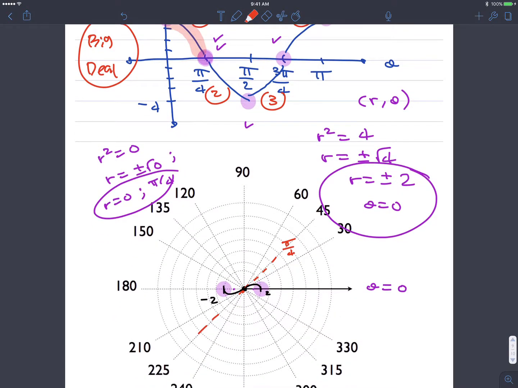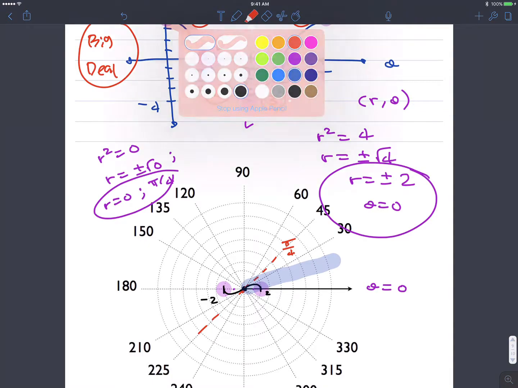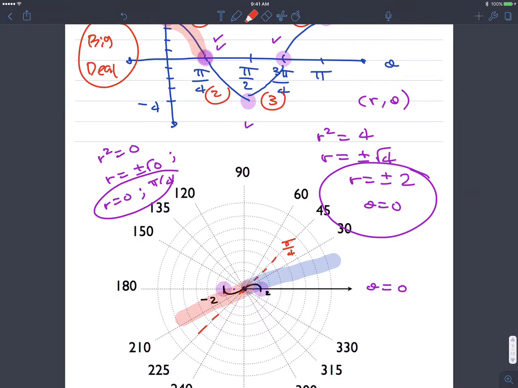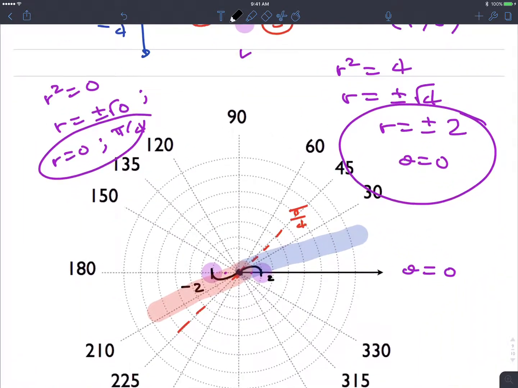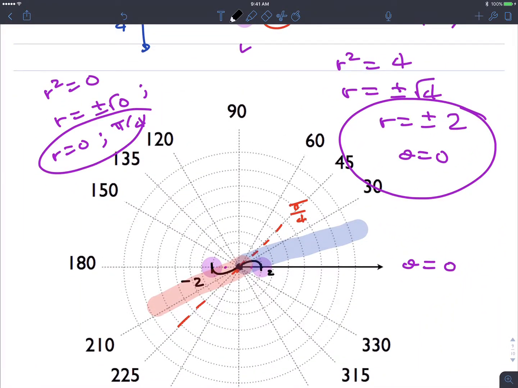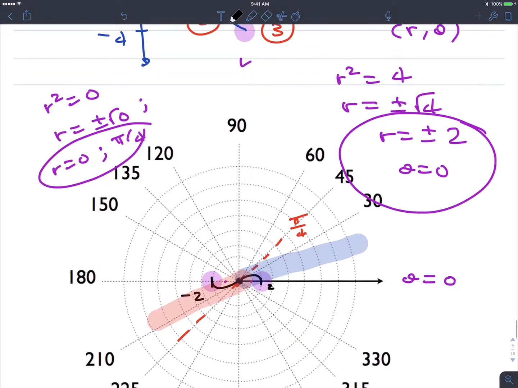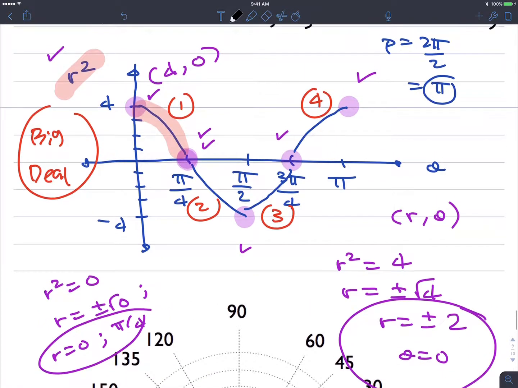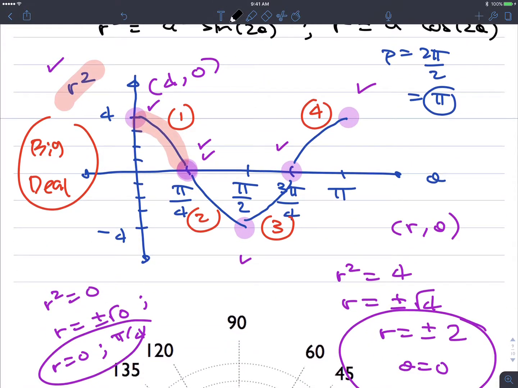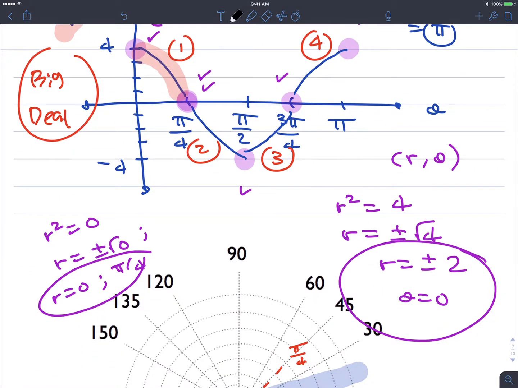So for any angle here in blue in this region, from 0 to pi over 4, I got a positive radius, and the opposite is a what? Negative radius over here. So I'm plotting 2 radius values, all from 0 to what? Pi over 4. So that's the picture of it. And that's what's going on. Now something else important is happening. See if you guys can figure this out. What else is happening? What do you guys think? What's happening over here?